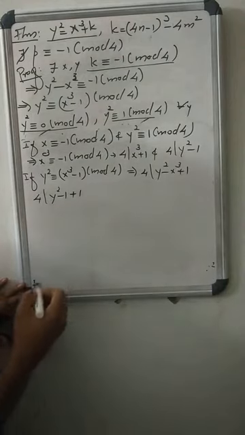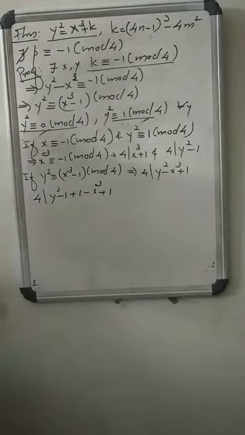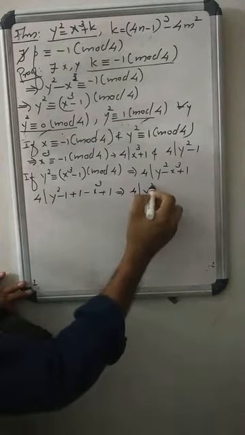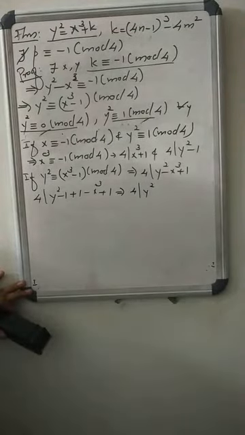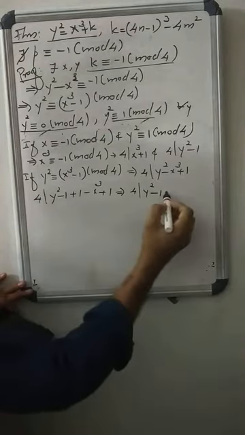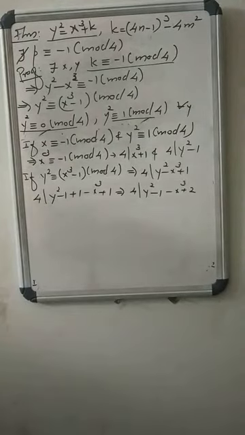You can introduce -1 and +1, so 4 divides (y² - 1) - (x³ + 1) + 3.